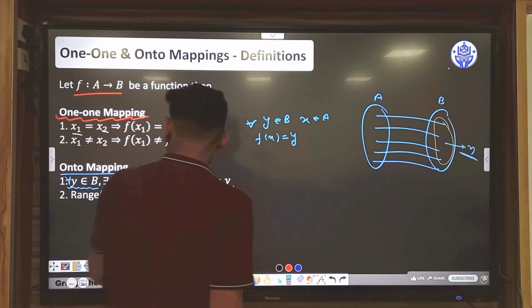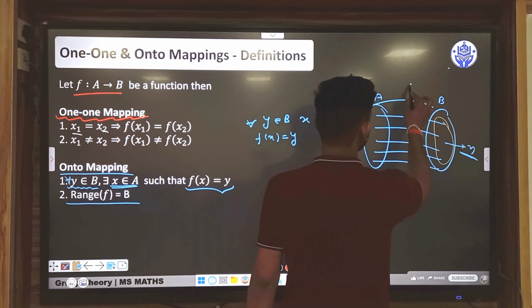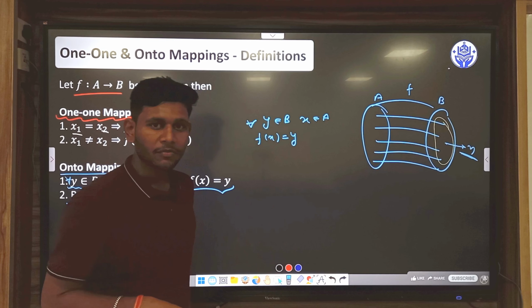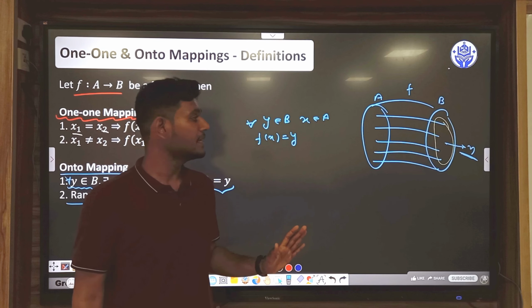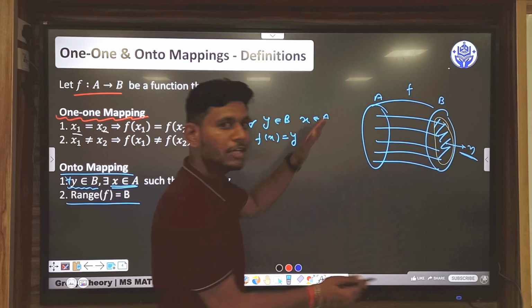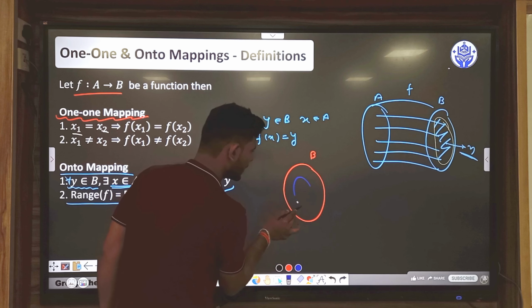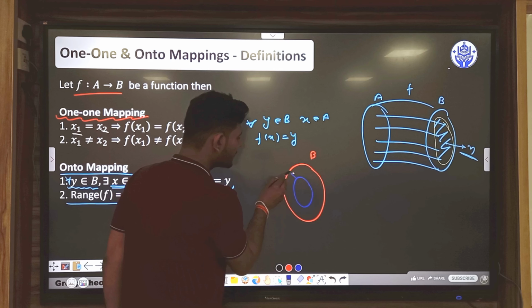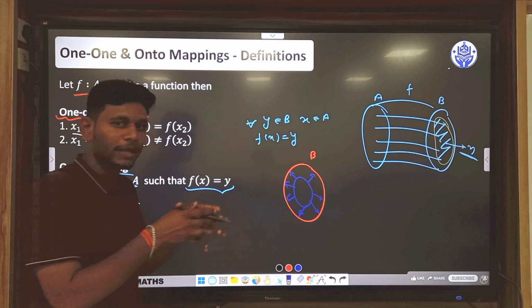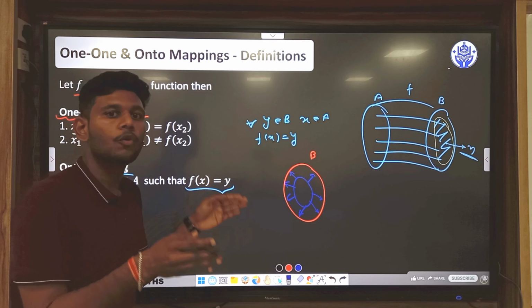It means I can simply say, let's say this function is f. Now what is the range of this function? Those elements of B which have a pre-image in A. If the range equals the set B, it means now my range is the whole codomain.